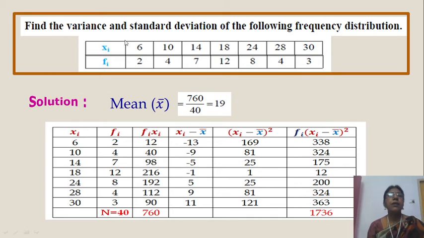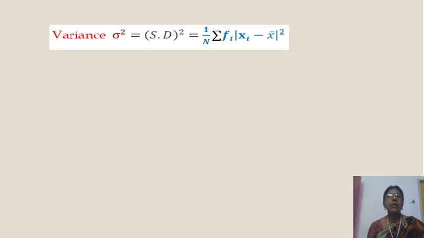Now for variance, first you find standard deviation SD, which is sigma. You let the sigma formula. What is the sigma formula when frequency is given? This one. Suppose only xi's are given, then formula for SD is root of 1 by n sigma xi minus x bar square.